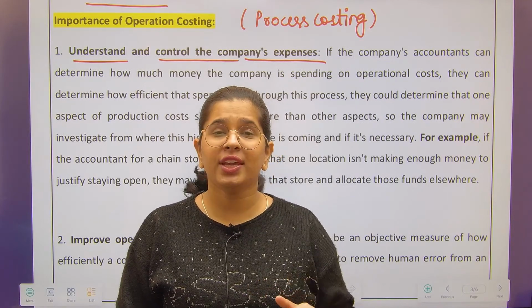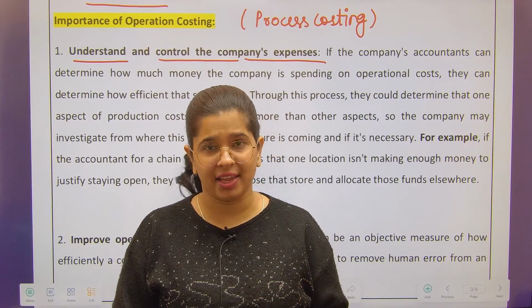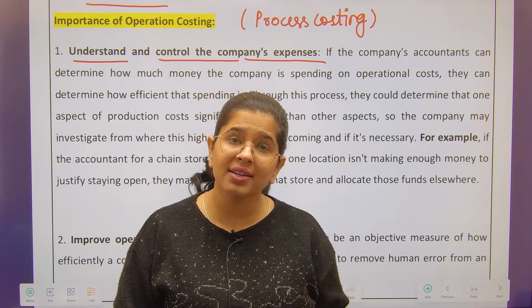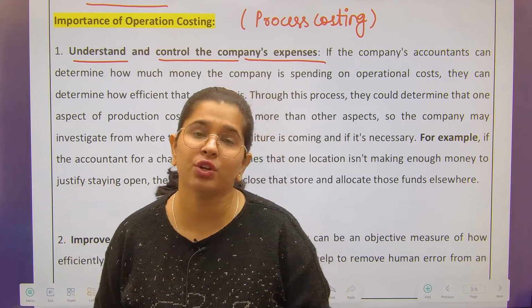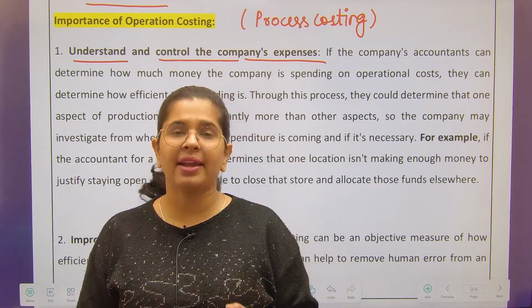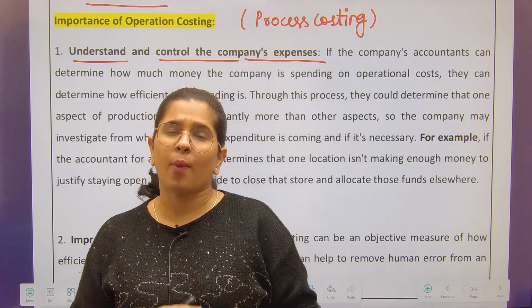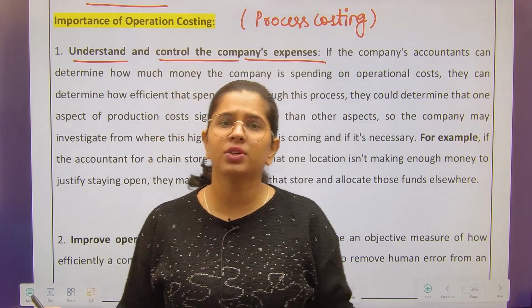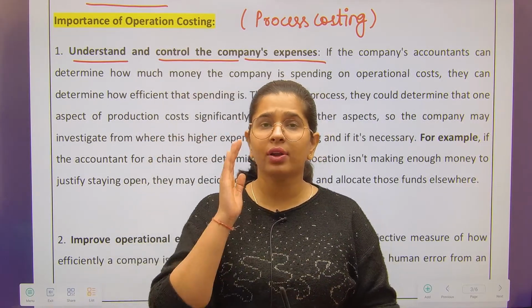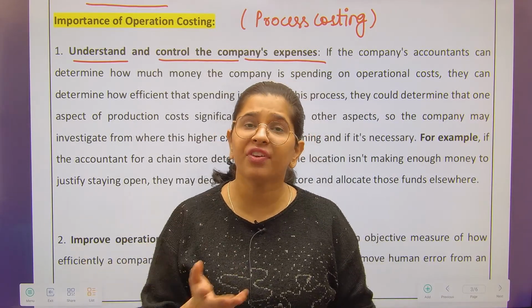Hence, we cannot avoid anything which demands our attention. And how you can decide it? Through operation costing. All these standard costing, budget, operation costing, process costing. Why we have invented all of these? Just to have a look at the cost from different angles.